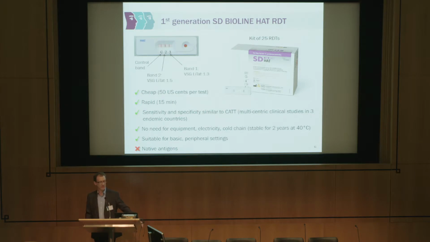Important, of course, is that its sensitivity and specificity are roughly identical to CAT, and this is based on a multicentric trial that was conducted in 3 countries. And of course, since it is an RDT, there is no need for equipment, no need for electricity, no need for cold chain, and therefore it is already a major step forward in terms of bringing diagnosis more to the periphery, and also a good opportunity to try and integrate diagnosis and screening of HAT in the general health system.